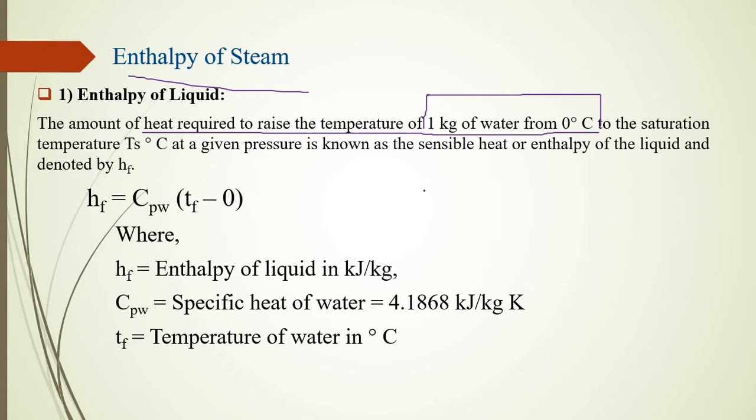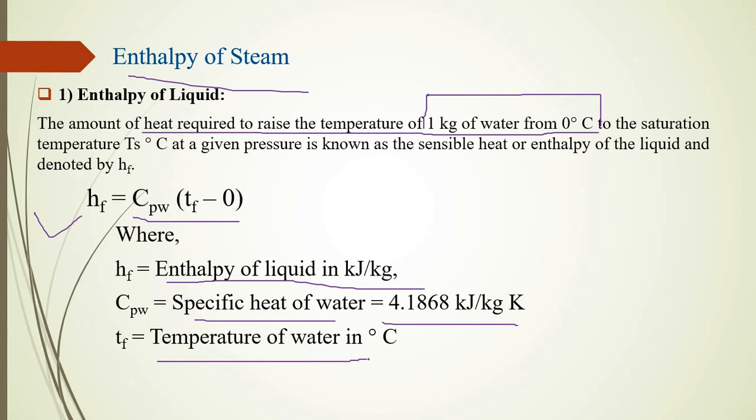That's called the enthalpy of liquid, denoted by hf, and the equation is hf = Cpw (tf - 0). hf represents the enthalpy of liquid, Cpw means the specific heat of water, a fixed value of 4.1 kilojoule per kg Kelvin. tf is the temperature of water in centigrade, and here 0 is mentioned because we have to start measuring from 0 centigrade.